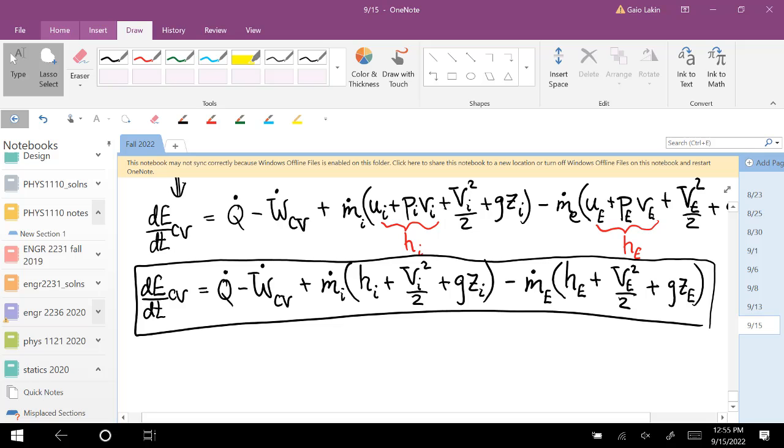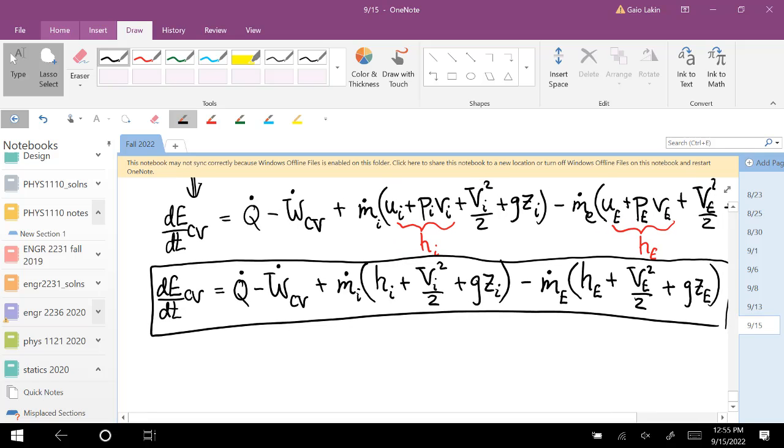So this is pretty ugly. There's a lot going on there, but when we use it, almost always some stuff is going to go away. So some terms almost always disappear.